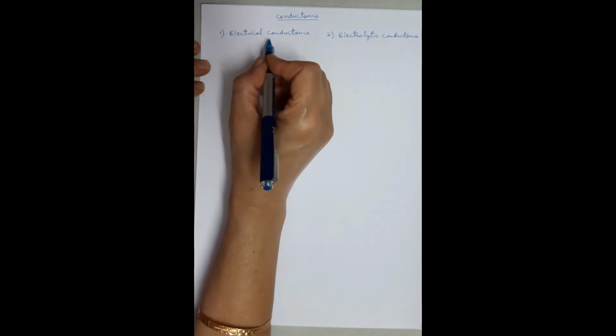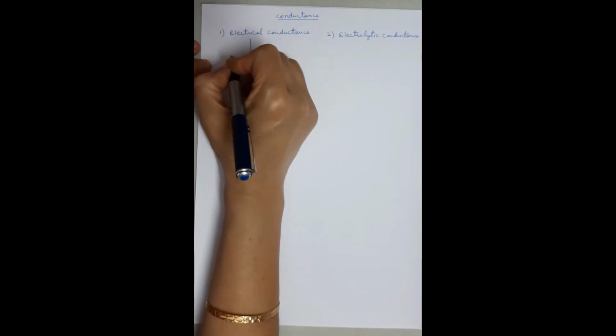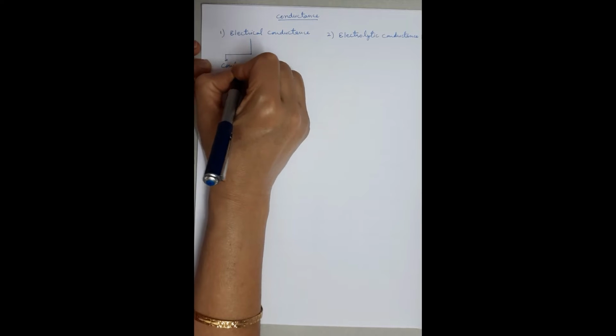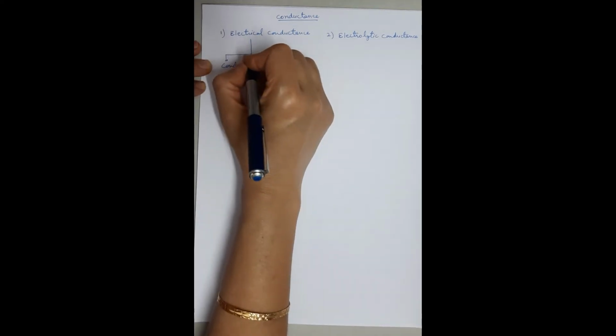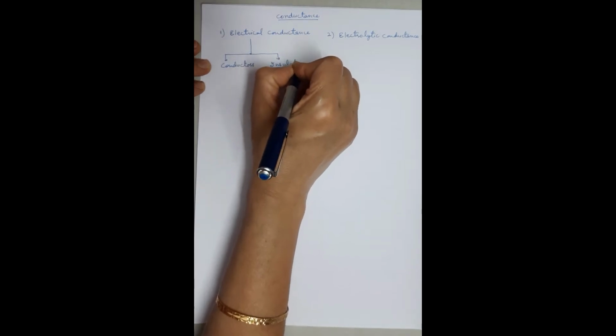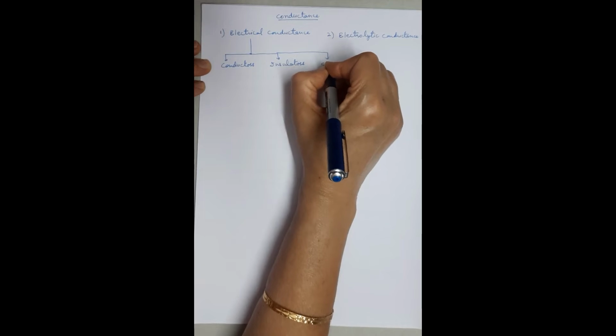Beta, according to electrical conductance, we can classify materials into three: one is conductors, another is insulators, and third is semiconductors.